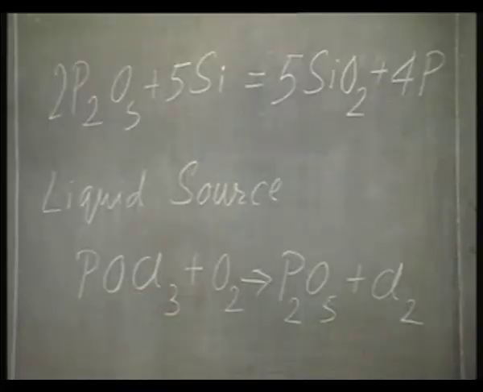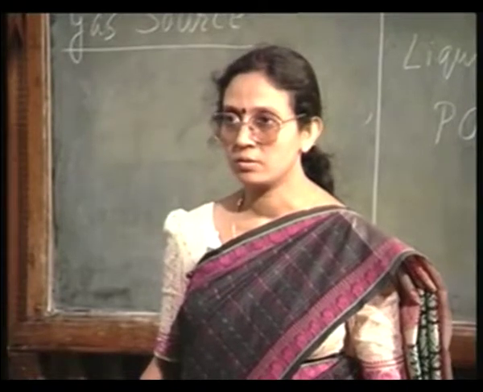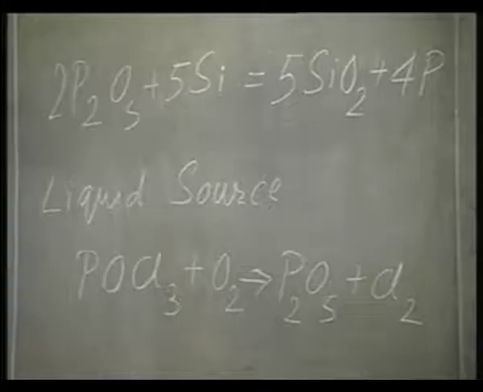So, P2O5 is going to be formed. This P2O5 is carried in the gas stream to the silicon, which is kept at a higher temperature. There this reaction is going to take place. P2O5 is going to react with silicon to release phosphorus, and this phosphorus will be incorporated in silicon.